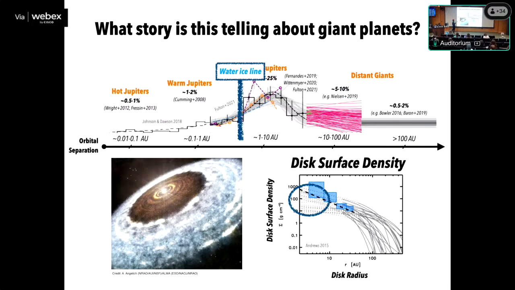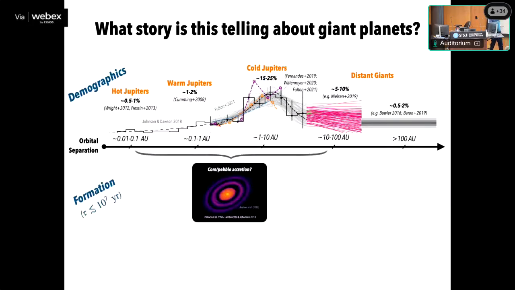And then at smaller separations, the water ice line is this transition where planetesimals, which incorporate water ice instead of simply rock, are more easily able to assemble and grow on a faster time scale. So this perhaps is a balancing act of those processes. But it's more complicated than that.